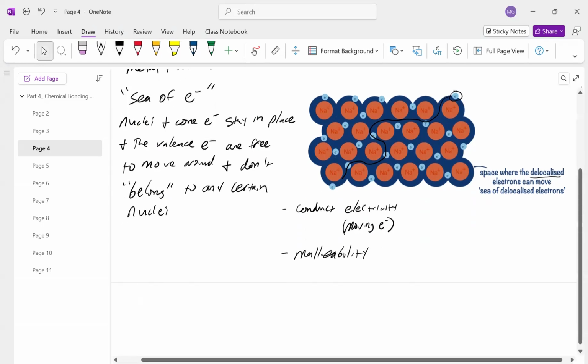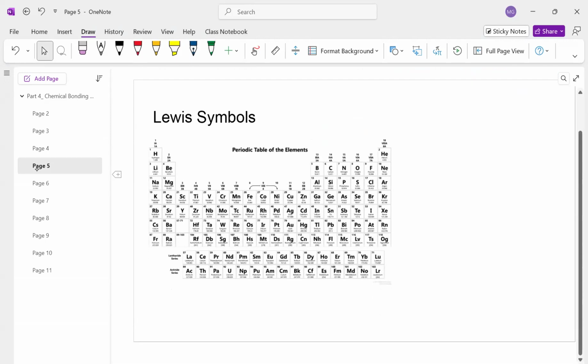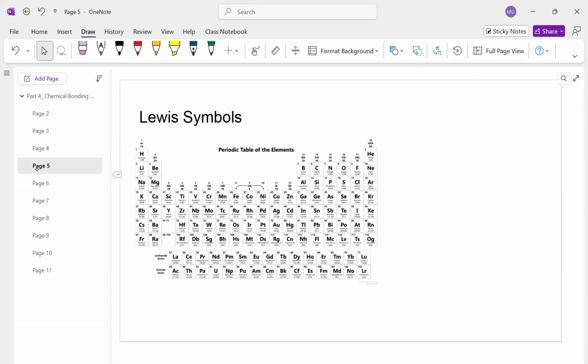Now, before I move on into any further types of bonding, I want to look at a special type of notation that I'm going to use quite frequently in describing some of our subsequent types of bonding. And this new type of symbol I want to look at are called Lewis symbols.